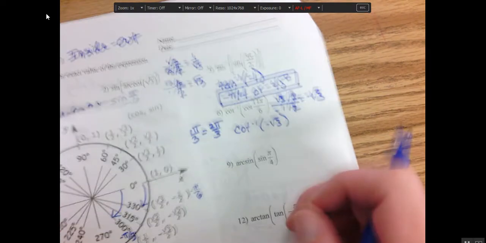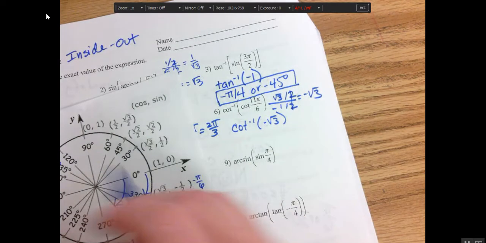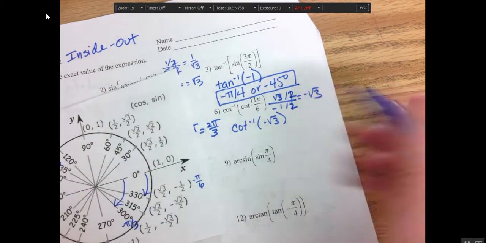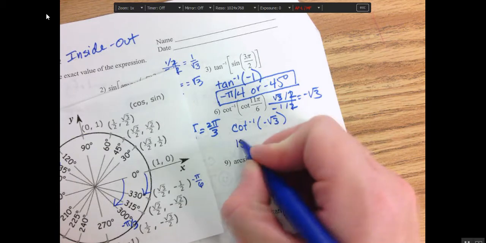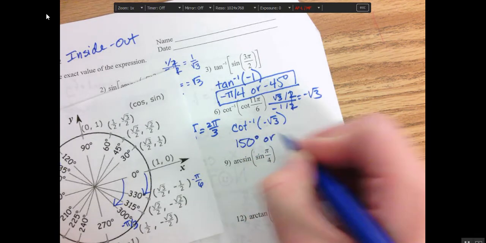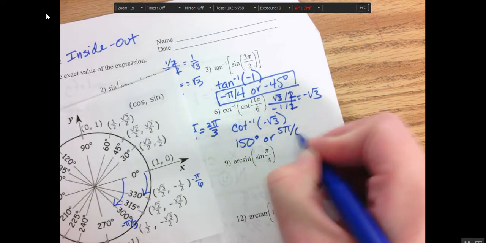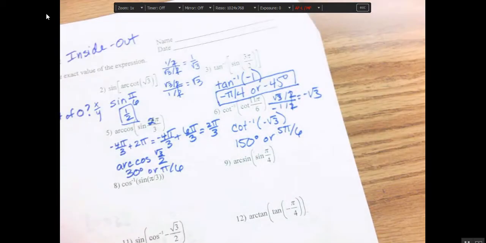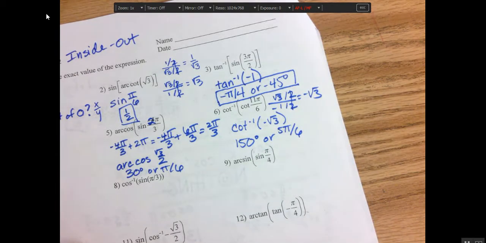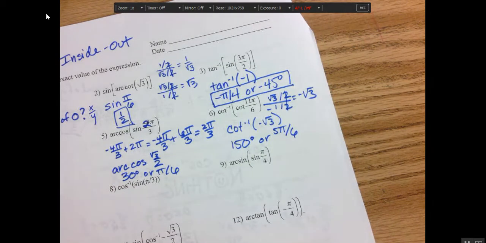And because you were in the 30 degree family to start with, you might guess it's going to be the 30 degree family again, and it is. It's 150 degrees or 5 pi over 6. Okay. So I'm going to stop here for a minute to give you 2 more minutes to work, and then we're going to go over the rest of them after that.